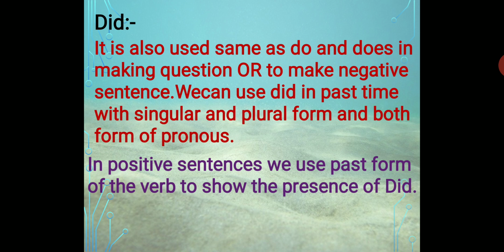We will learn deeply about this auxiliary verb in our next lessons, which are related to the tenses. Now let's see the table and get an idea how and with which kind of noun and pronoun we use the auxiliary verbs, means do, does and did.